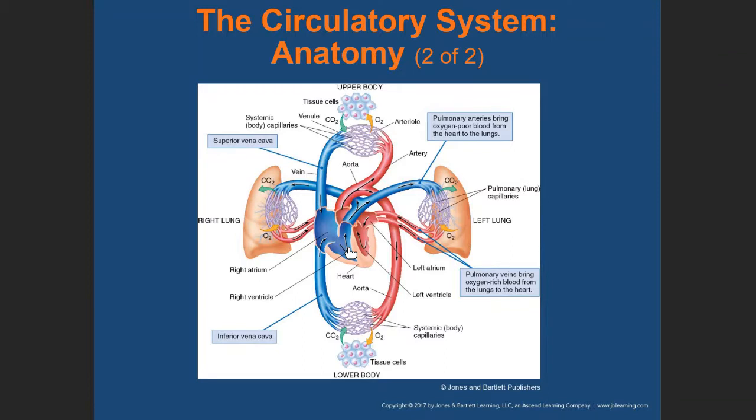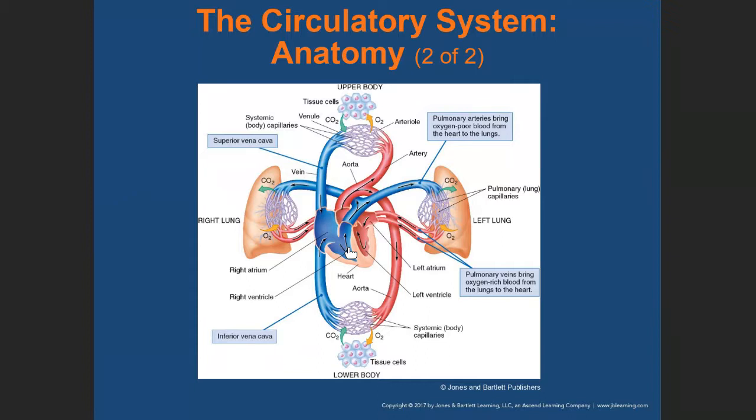So if something is wrong with the ventricles, you will get a back pressure wherever the blood is coming from, right? Now, if this problem is not corrected, eventually the left side of the heart is going to be affected.